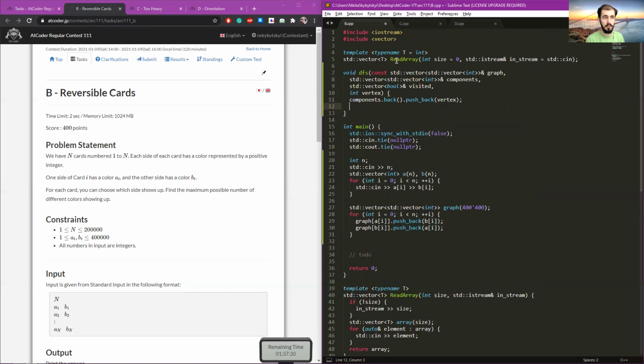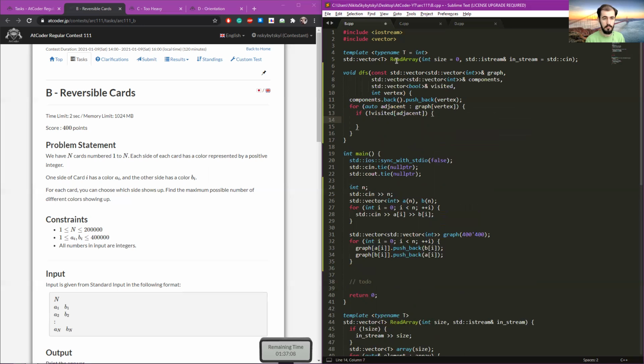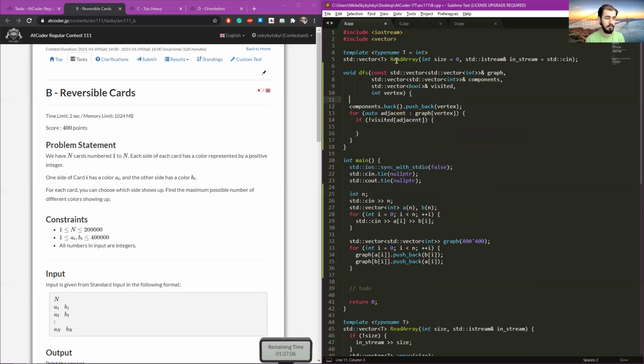When we enter a vertex, we visit it, and we add it to the current connected component. Then we loop over adjacent vertices. If the adjacent vertex is not visited, also we have to mark the current vertex as visited.